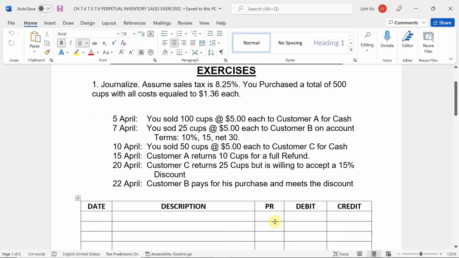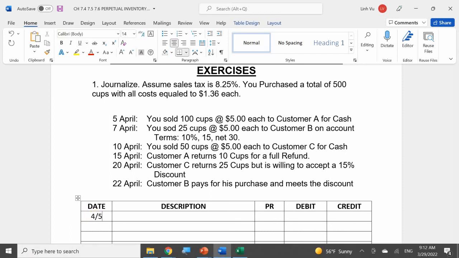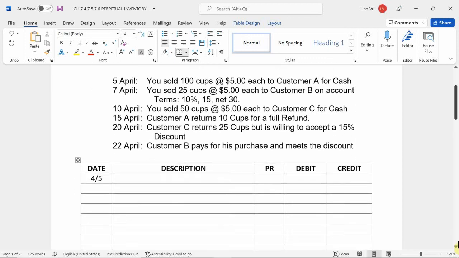So first one here is on April 5th. You end up selling 100 of those cups at $5 each to customer A for cash. So how am I going to journalize this?